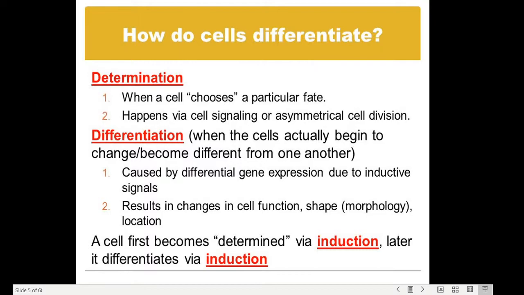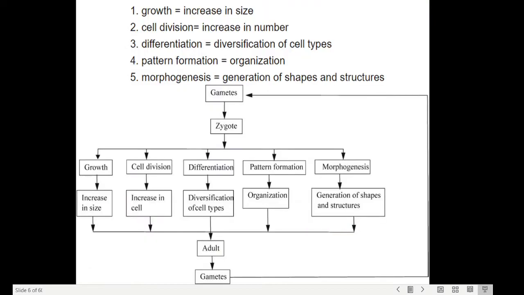The zygote cell surface has many receptor proteins, and those proteins become active in the signaling pathway. Those signals are induced by the internal genetic gene expression. So determination also happens via induction, and another thing is differentiation via induction.